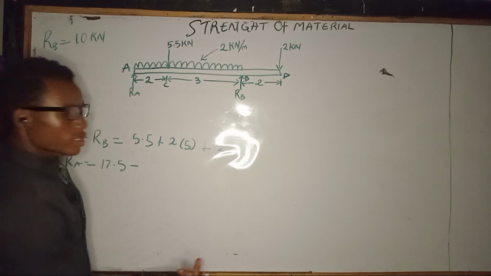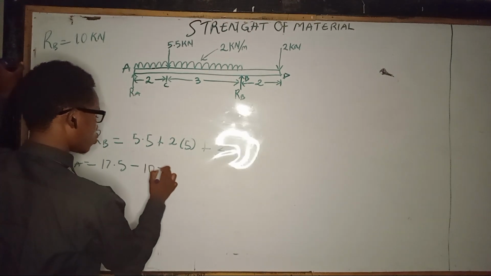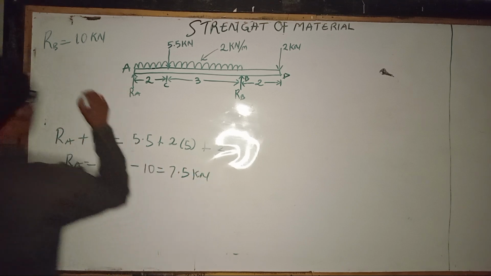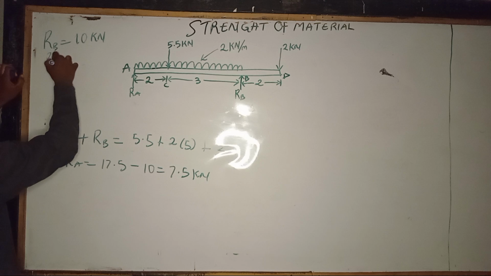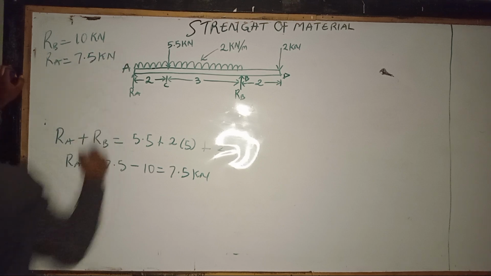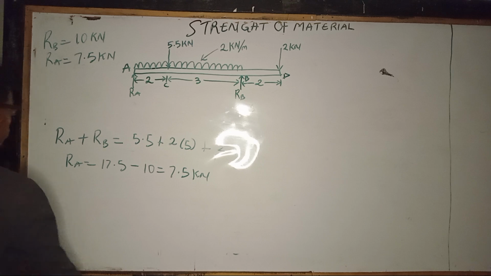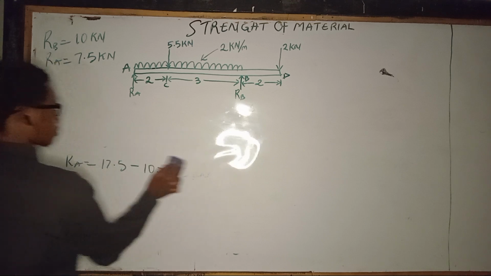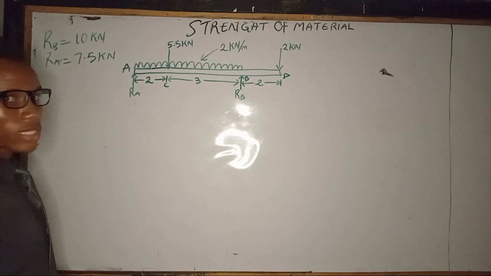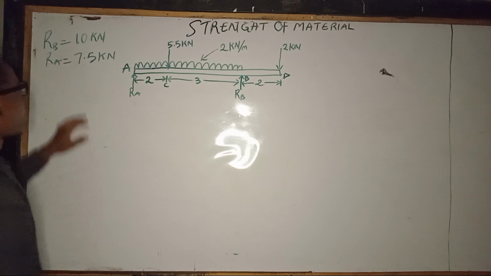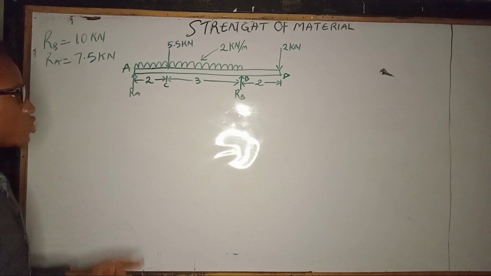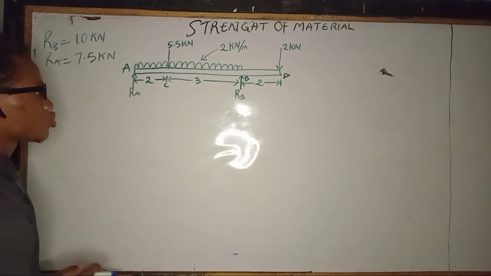RB is equal to 10 kilonewton, so we have minus 10, which is equal to 7.5 kilonewton. So RA is equal to 7.5 kilonewton. Now, since we have gotten our reaction at B as 10 kilonewton and our reaction at A as 7.5 kilonewton, we can proceed to solve the question.